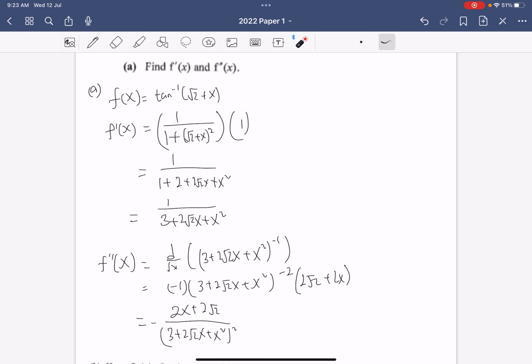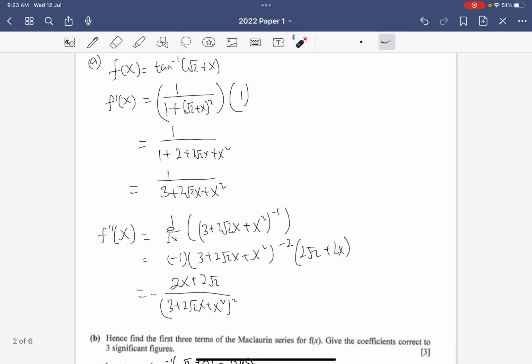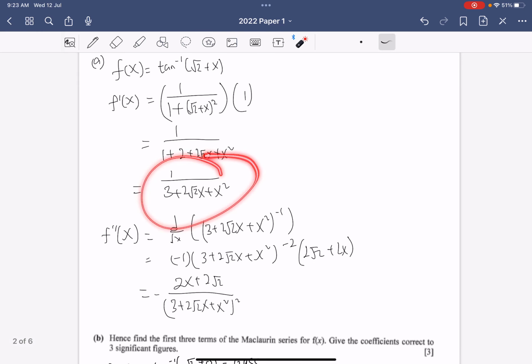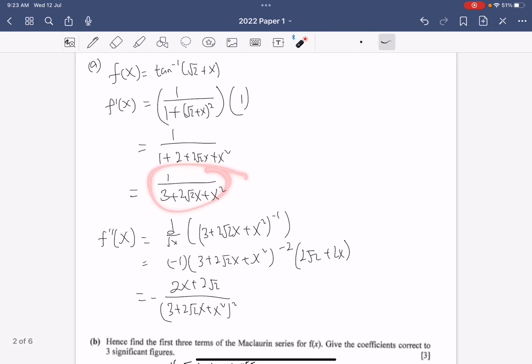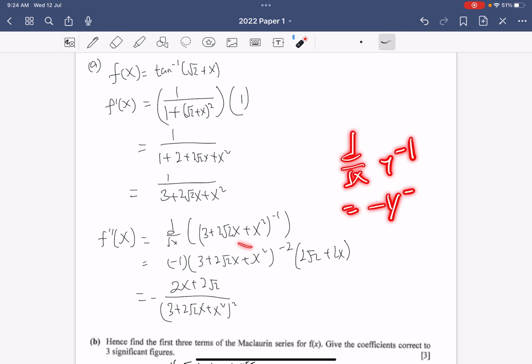As for f double prime x, you just need to differentiate this part. And again, the idea is this portion can be treated as 3 plus 2 square root 2x plus x squared, whole thing reciprocal. So you know that the derivative of y reciprocal is minus y to the power of minus 2, because you bring down the power.